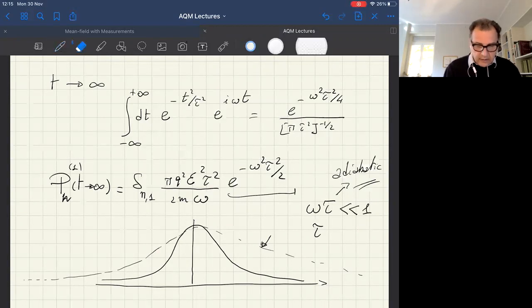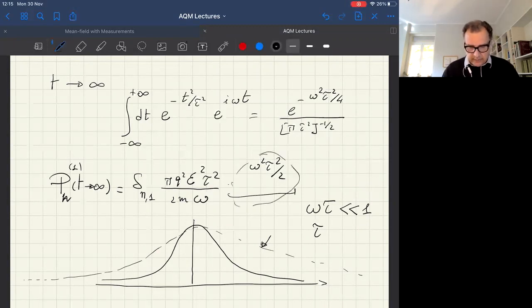If I have this, then this exponential is almost 1, and this will be a number. Now, in principle, if you increase, once you fix this, I can write here omega squared.